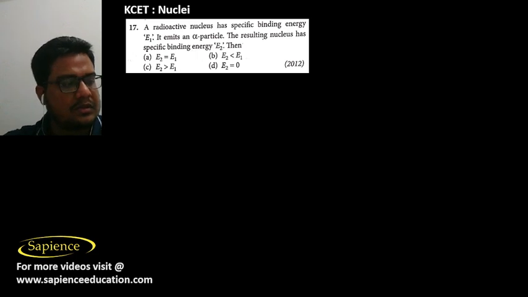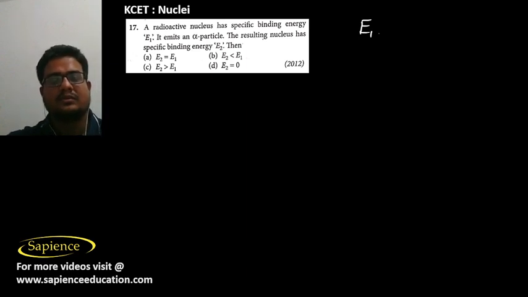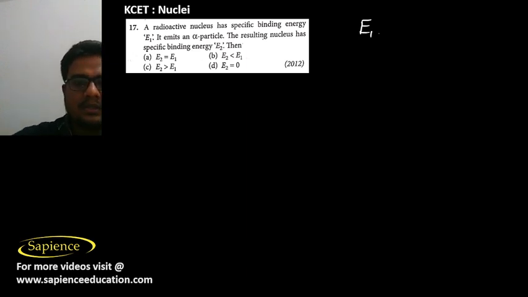Then in question number 17, it is told a radioactive nucleus has specific binding energy E1. It emits an alpha particle. The resulting nucleus has a binding energy E2.